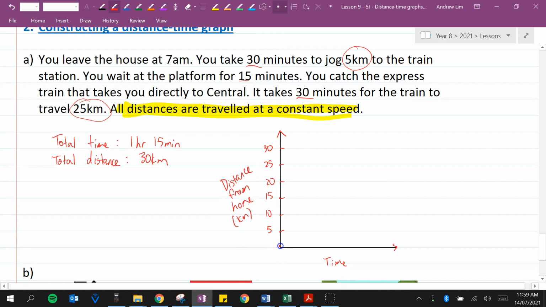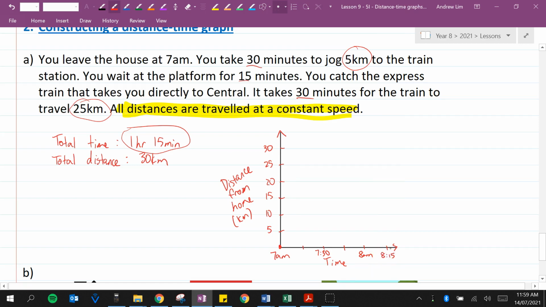Okay, because home is here. We start at home. It's 7 a.m. We need a total of 1 hour and 15 minutes. So I might go up in 15-minute increments. 7:15, 7:30, 7:45, 8 o'clock, and another one for 8:15.